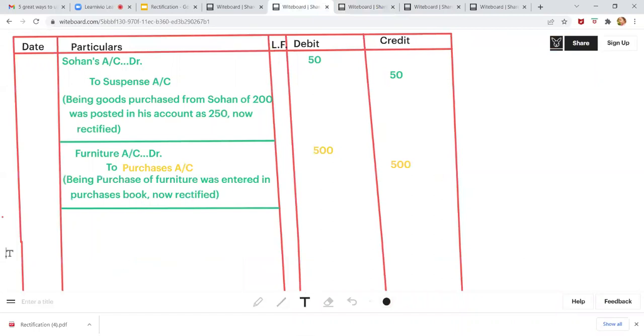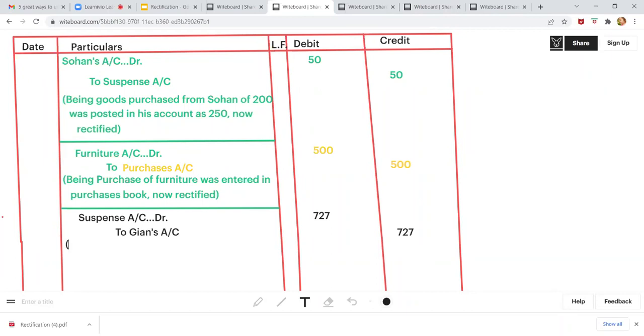So in the rectifying journal entry, we will pass suspense account debit to Jian's account credit with the rupees 727.